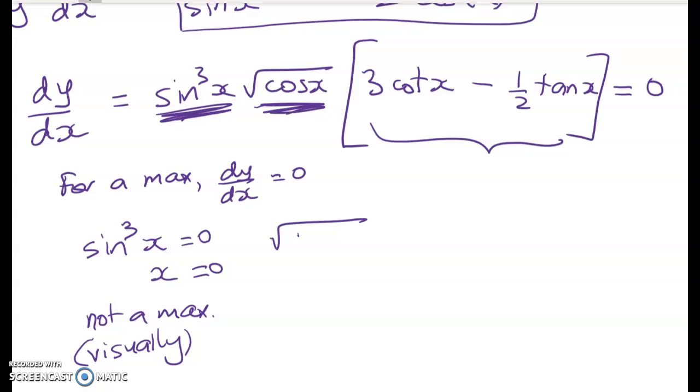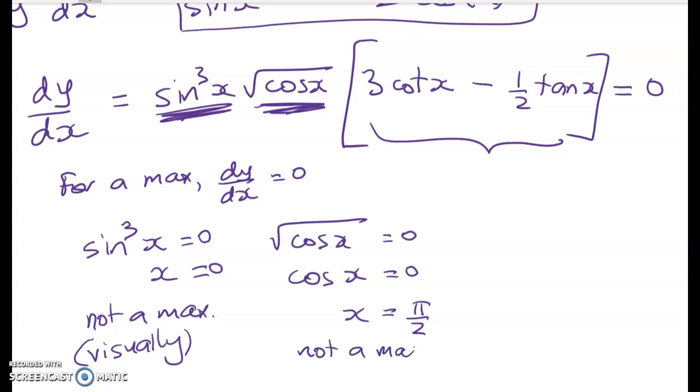Next we've got root cos x is equal to 0, which gives us cos of x is equal to 0, or x is equal to pi on 2. And we can see that's also not the maximum. So the point we're looking for is in between 0 and pi on 2.